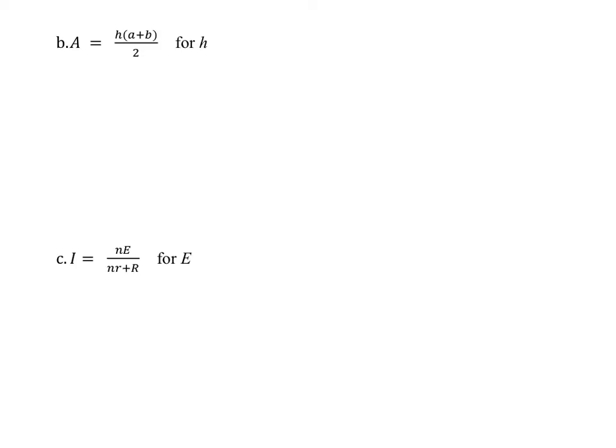All right, let's take a look at the next one. Again, the first thing we realize is that we're solving for h. What you want to do is clear the fractions first. By the way, this is the formula for the area of a trapezoid. So A is equal to h times (a plus b) all over 2. We're going to multiply both sides by 2.